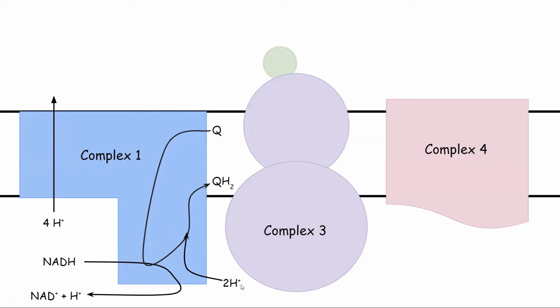And for this to happen, we have to have 2 protons come and join the ubiquinone to make ubiquinol. And while this is happening, 4 hydrogens are pumped up across the membrane through complex 1.